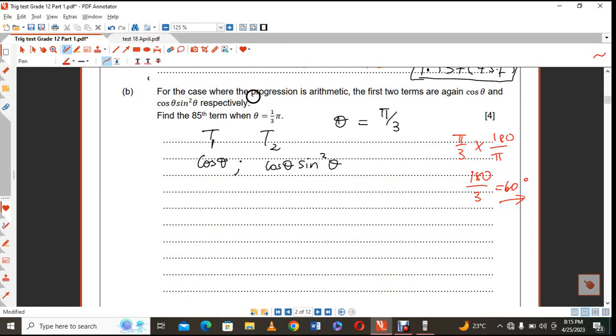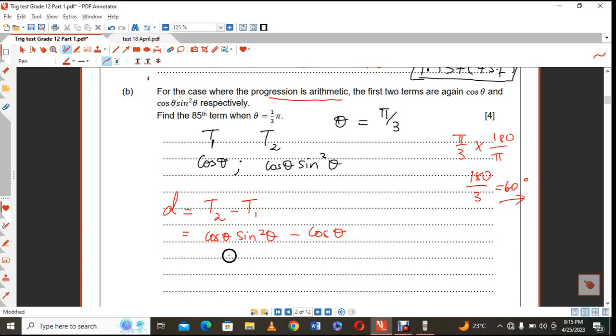So when the progression is arithmetic, it's an AP now, there is something called the common difference, and the common difference is calculated by taking the second term. Okay, so we take the second term, we subtract the first term from it. Okay, so it is nothing but the second term, which is cos theta sine square theta minus cos theta.